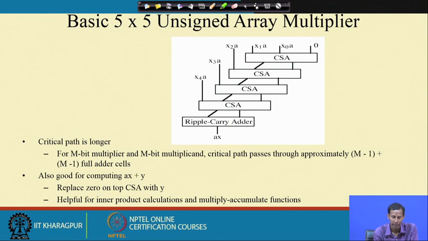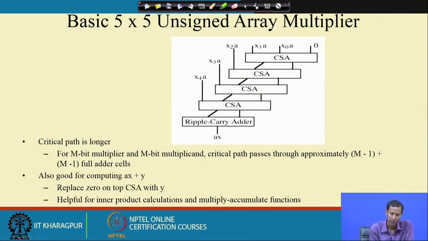That is why the critical path is longer. For an m bit multiplier and n bit multiplicand, the critical path passes through approximately m minus 1 plus n minus 1 full adder cells. So, for m bit multiplicand and m bit multiplier, it has to pass through 2m minus 2 full adder cells.